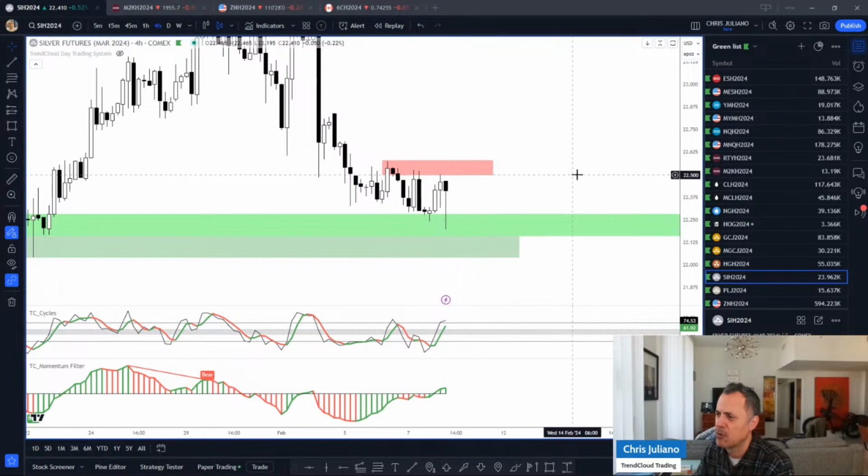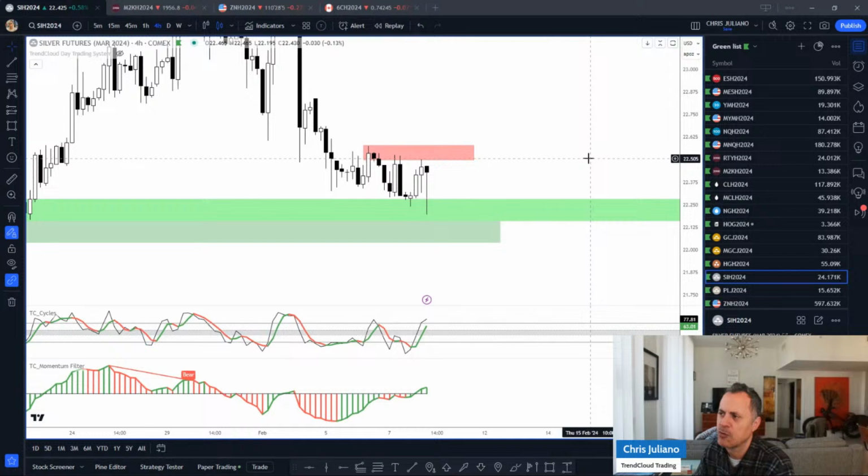What's it doing on that 4-hour chart? It's kind of leveling off here, going sideways, breaks a little bit to the downside, returns back up to this area, breaks back down. It's forming a sideways movement.